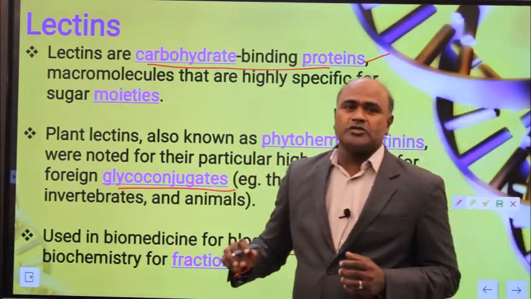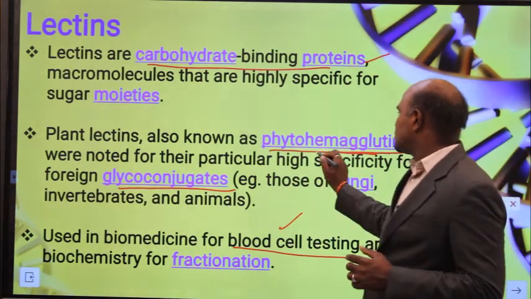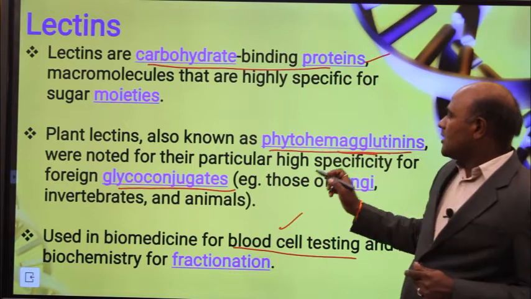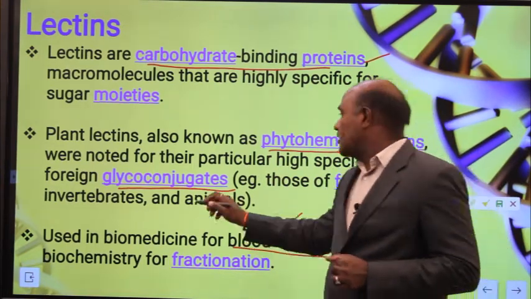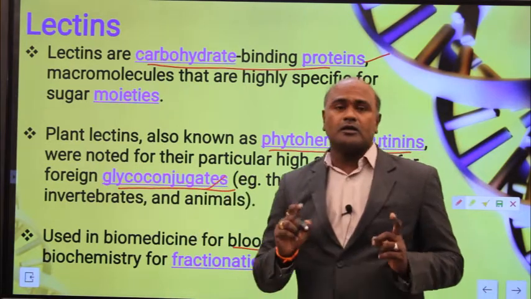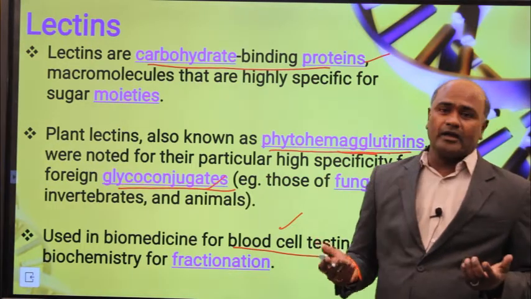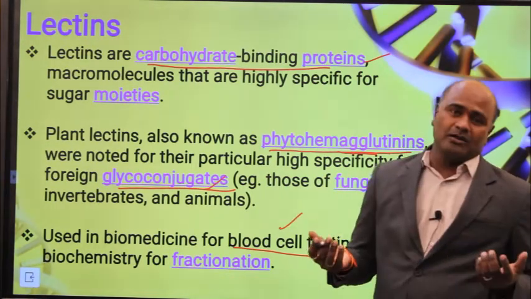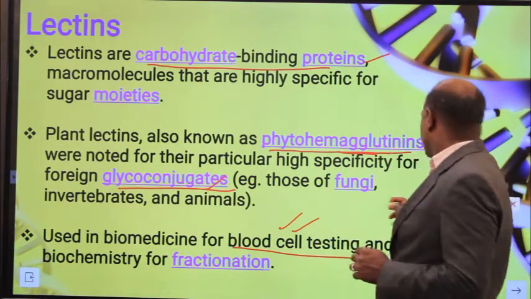Plant lectins are also known as phytohemagglutinins, with particularly high specificity for foreign glycoconjugates. Those from fungi, invertebrates and animals are used for blood cell testing.